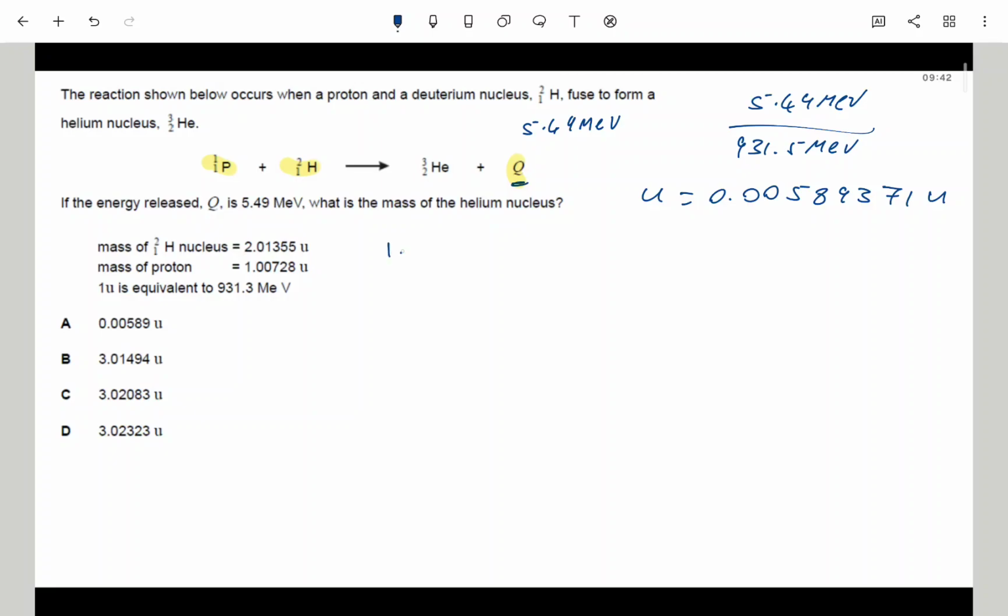The proton, 1.00728, add the mass of the deuterium nucleus, which is 2.01355, and then subtract the U value, because that's obviously on the other side. If you do all that, you get 3.01494 rounded. So that's B. That would be the mass of the helium-3 atom. All right, well done if you got that.